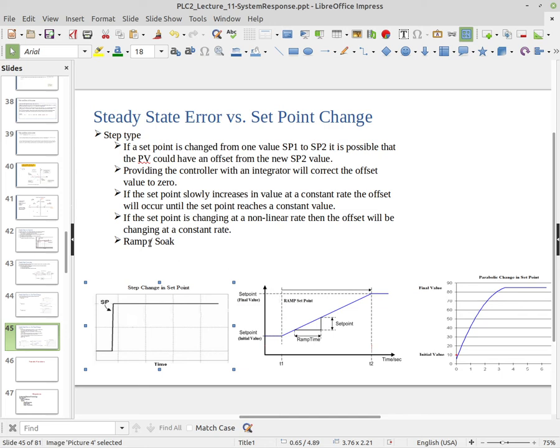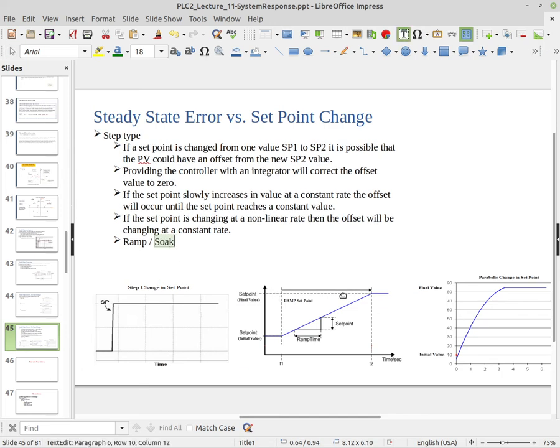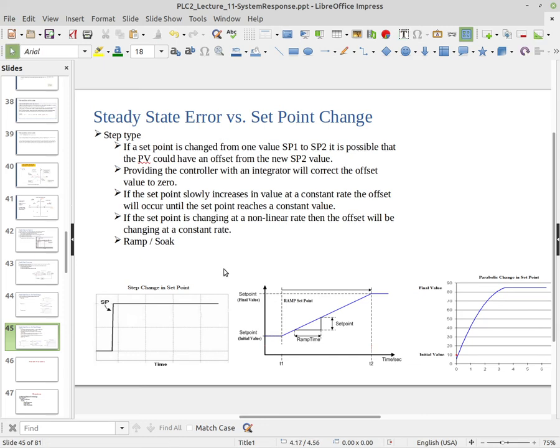So we want to do a soak, which means that as we see the lights changing to red, we gently slow down and go back down to a lower value or a stop. So the ramp is ramping up in a nice, easy, controlled manner, and the soak is slowing down in a nice, controlled manner.